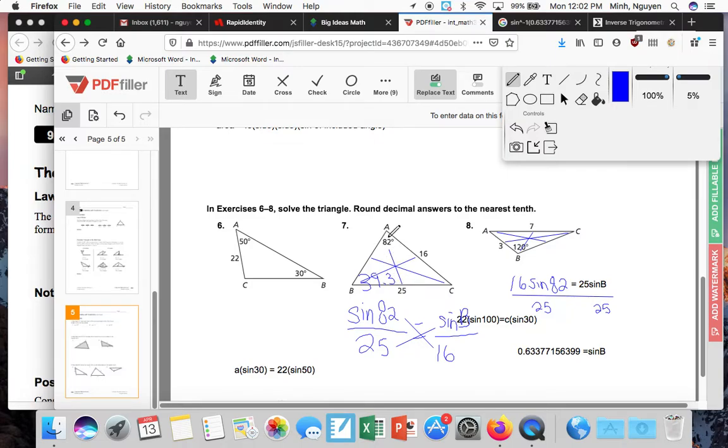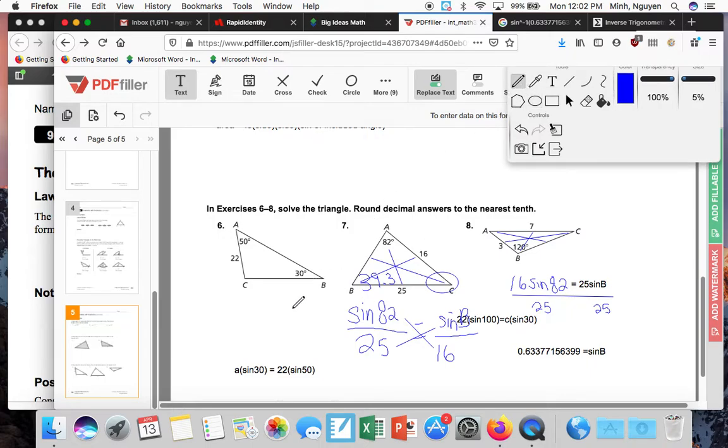And then we could say 180 minus these two is that. Once I know this angle, I can set it up. I'll do the setup and then I'll leave the calculation for you. We can use any ratio we want, but I'll just use what we started with.